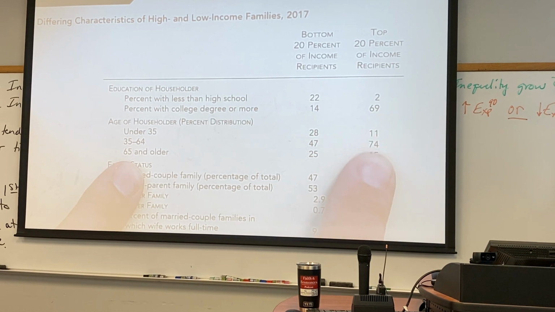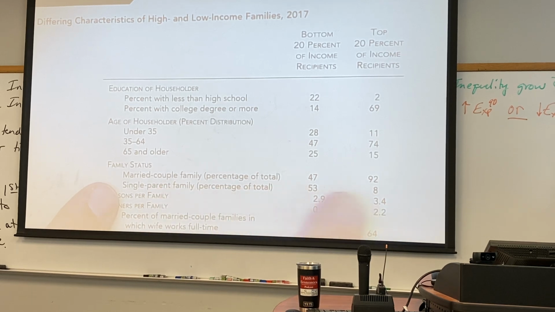Top 20%, under 35, 74%. So the lion's share of the top 20%, 74% of those people, are in the 35 to 64 range, which is what we call the working age years.